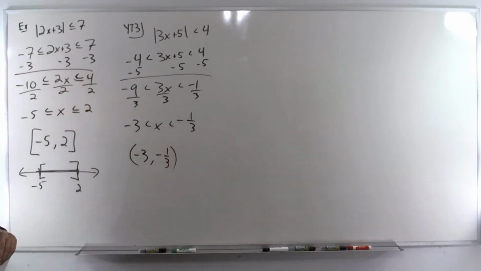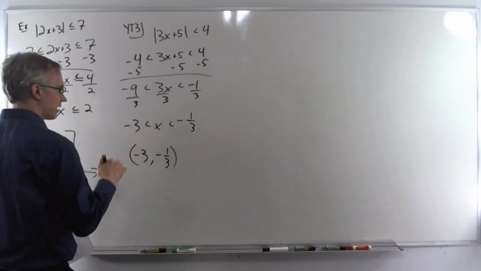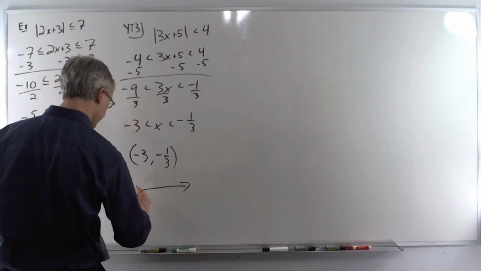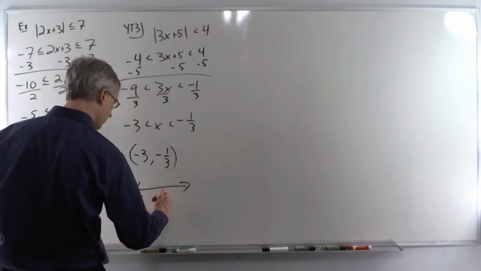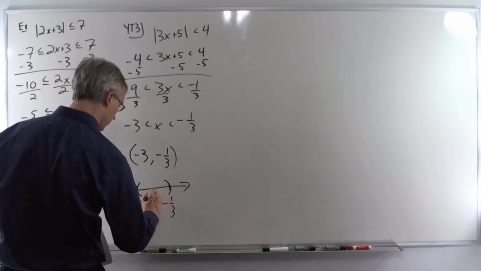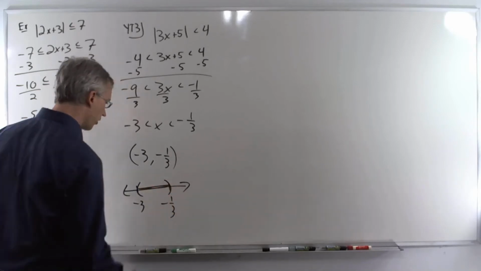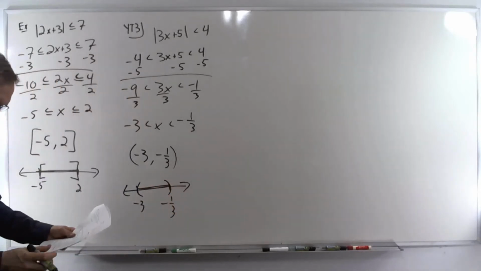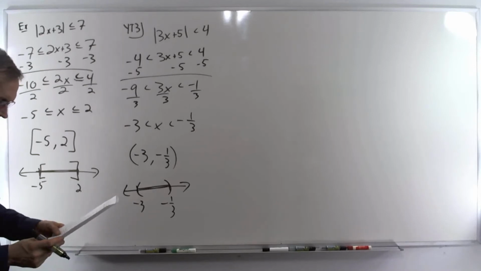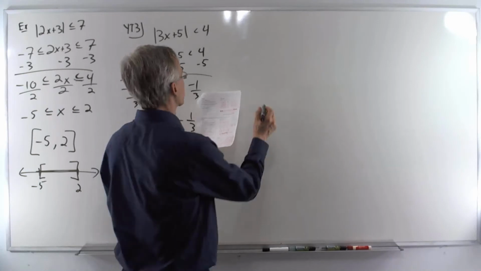All right, there's interval notation. Parentheses because we have strictly less than. Same symbols on the graph. And all numbers between. All right, we have to be careful on the next one.